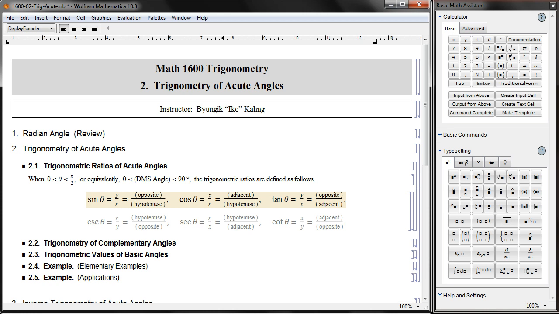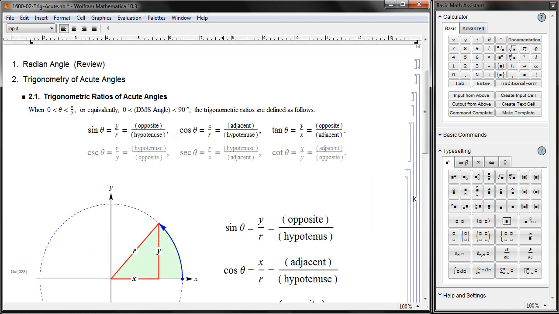Now let's come back to the term ratio, trigonometric ratio. We have 3 standard trigonometric ratios, which we call sine, cosine, and tangent. This is sine, S-I-N. This is cosine, C-O-S. And finally, tangent, T-A-N. And they are associated to this kind of picture.